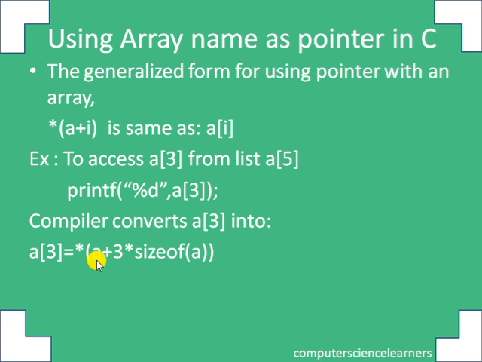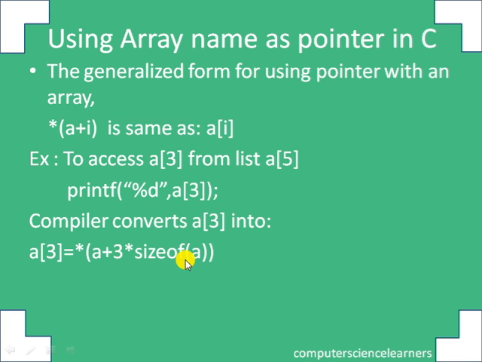If a is an integer variable, the size is 2 bytes or 4 bytes, depends on the compiler. If it is float, the size of a float variable is 4 bytes. Like that, based on the type, size will vary. So a means, let us say 1000 is the base address, plus 3 into size of a.